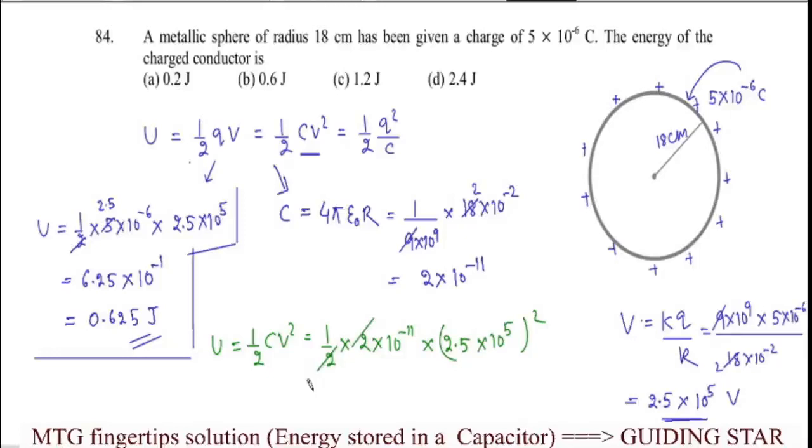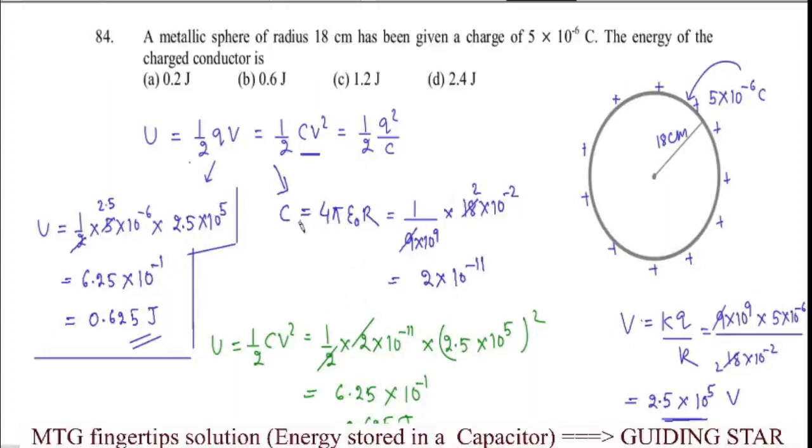Finally these two will cancel out. So how much will we get? 2.5 square is 6.25, and 10 to the minus 11 with 10 to the 10 gives 10 to the minus 1. So we get the same result, 0.625 joule.